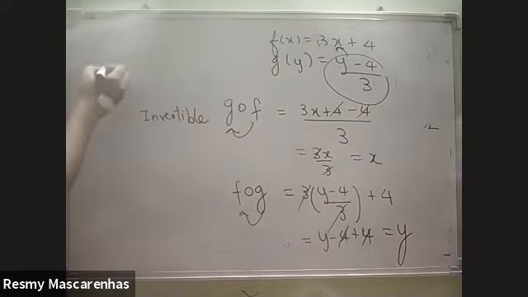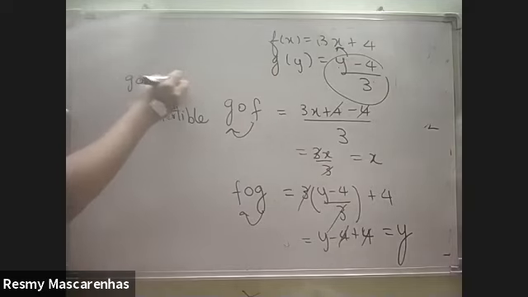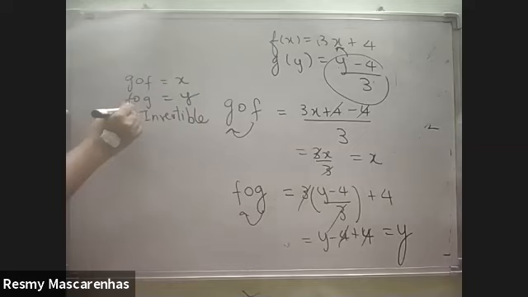If you want, you can write it again: GoF is equal to X, FoG is equal to Y. Answer you got, therefore it is invertible. So this condition has been satisfied. And the last step which is left is, hence find the inverse.